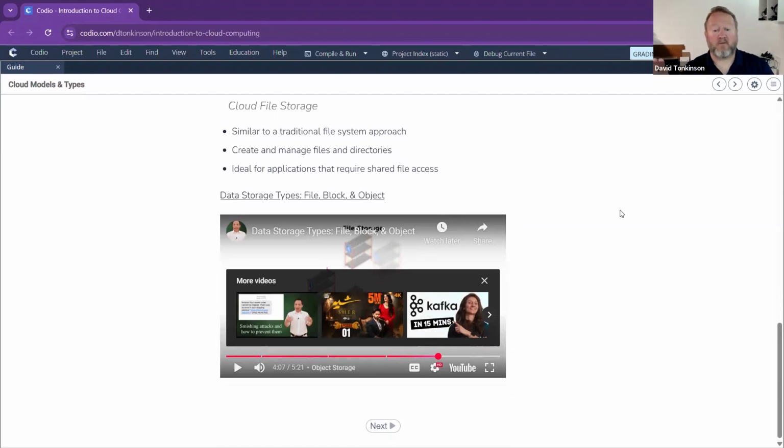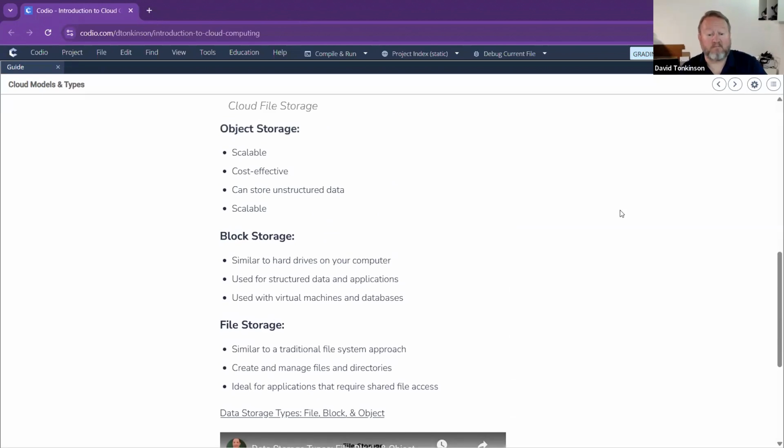But a classic example, I wouldn't put a SQL database on a file or object storage, because a SQL database is sequential access and it's a single file. So that would probably end up on something such as block storage.